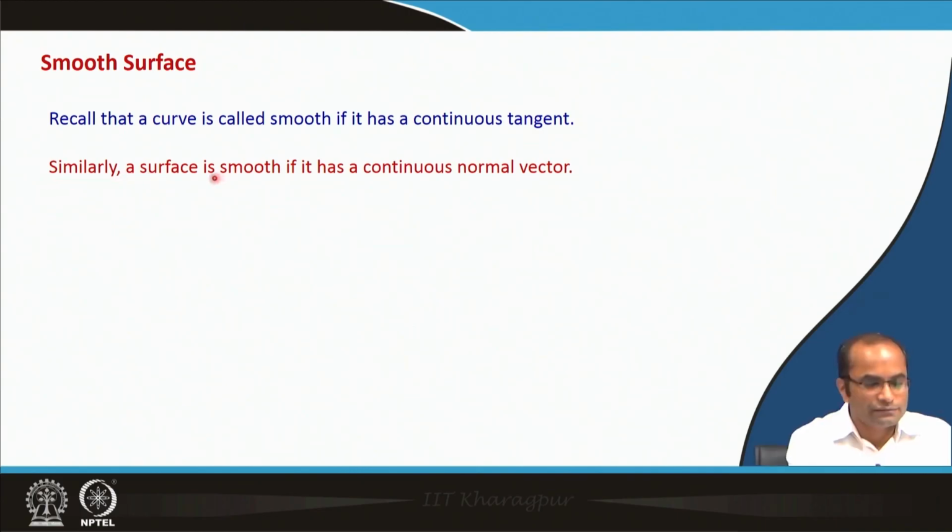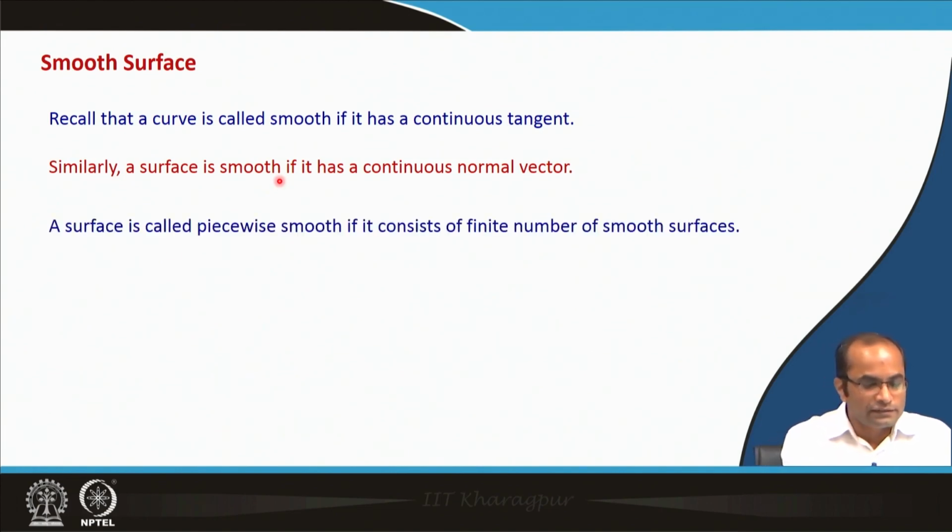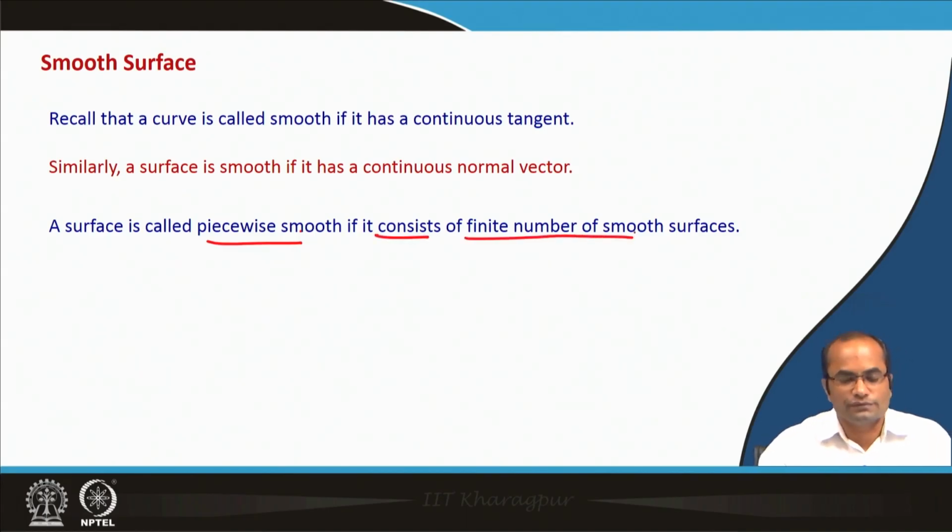Similarly, a surface is smooth if it has a continuous normal vector, and a surface is called piecewise smooth if it consists of a finite number of smooth surfaces. This is exactly parallel to the definition we have for a smooth curve or a piecewise smooth curve.